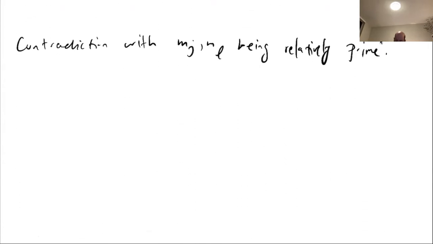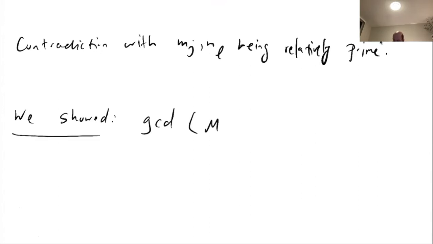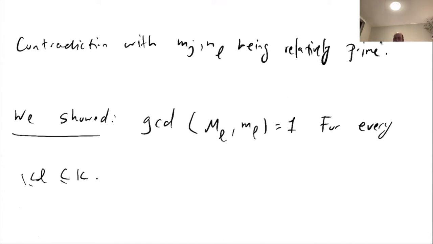Okay, what have we shown so far? We showed that the GCD of capital ML and small ML equals 1 for every L between 1 to K. Now, if the GCD of two numbers is 1, what congruence can I say will have a solution?